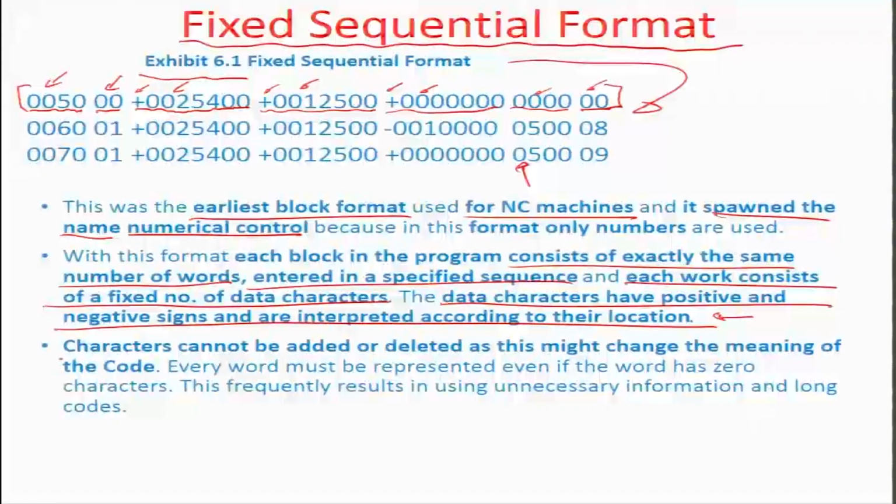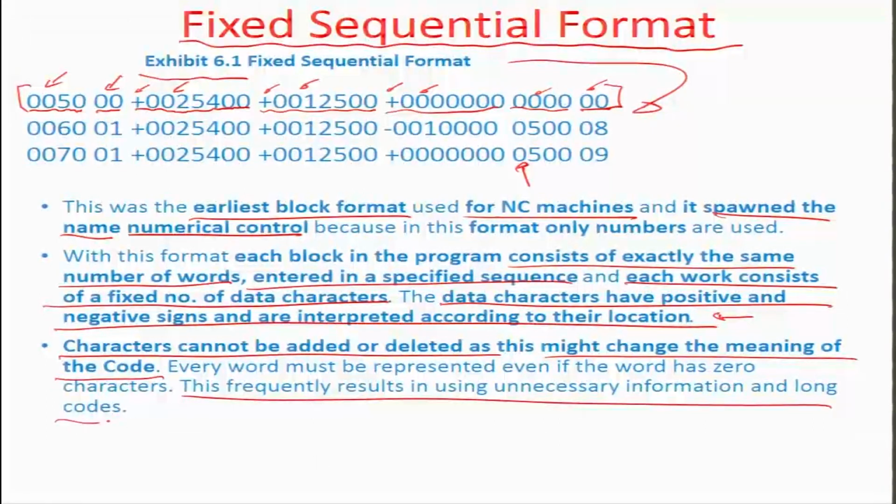Characters cannot of course be added or deleted. This might change the meaning of the code. So every word must be represented, even if the word is 0 or does not have any character to represent. This frequently results in unnecessary information and very long codes.